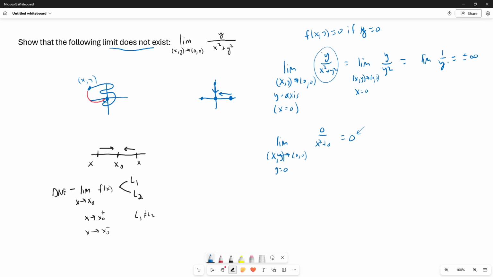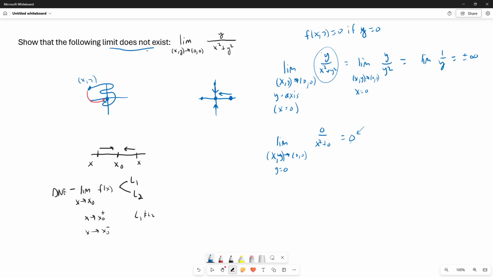So no matter how you slice it, the limit doesn't exist. You can get a plus infinity out, you can get a minus infinity out, you can get a 0 out, all depending on the path. If we choose the path along the x-axis, we get the limit 0. If we choose the path along the y-axis, then we'll either get plus or minus infinity, depending on whether y is positive or negative.